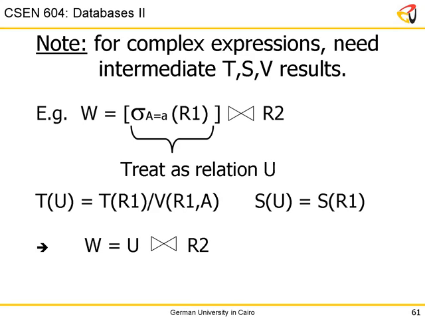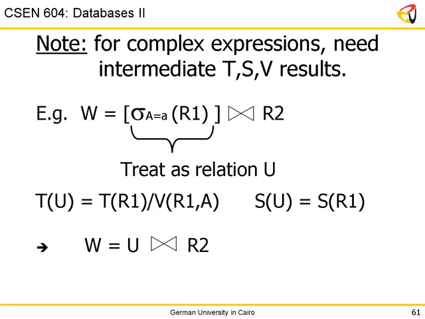So for example here, I'm doing select a equal to small a from R1 and I'm joining with R2. So there's nothing frightening here. I will treat this as a separate SQL. I want to estimate the result set coming out from this expression.